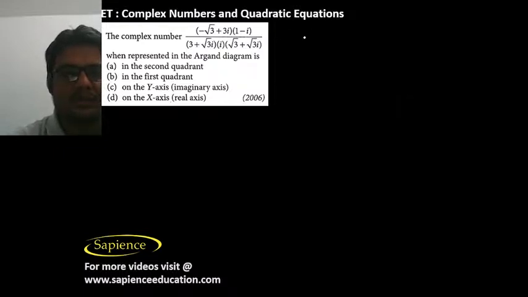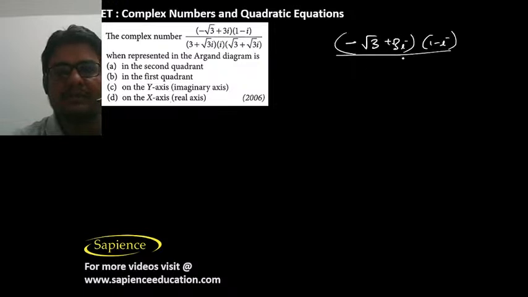So the complex number when represented in the Argand diagram is, so we will have to simplify this: minus root 3 plus 3i into 1 minus i divided by 3 plus root 3i into i into root 3 plus root 3i.